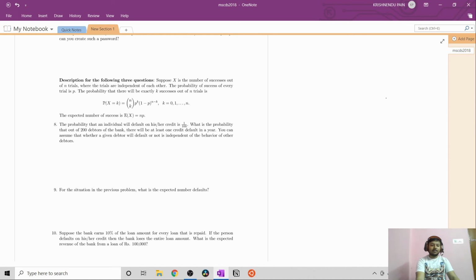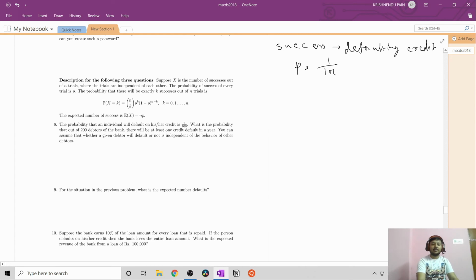So given that the probability that an individual will default on his credit is 1 by 100. So we are defining success as defaulting on credit. So the probability of success is 1 by 100. So what is the probability that out of 200 debtors of the bank, there will be at least one credit default in a year?